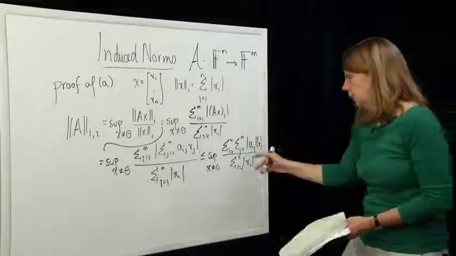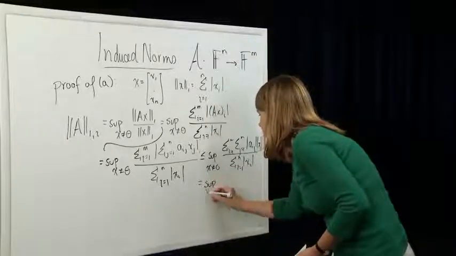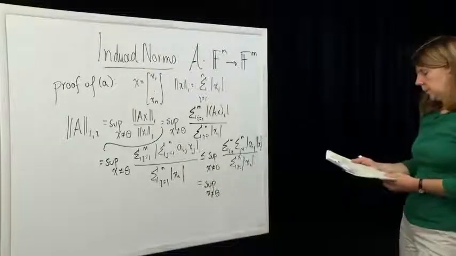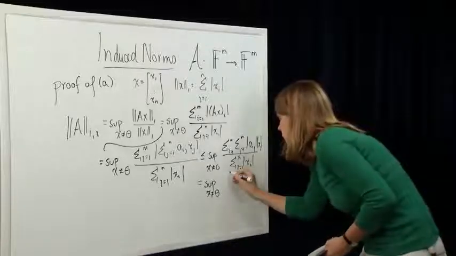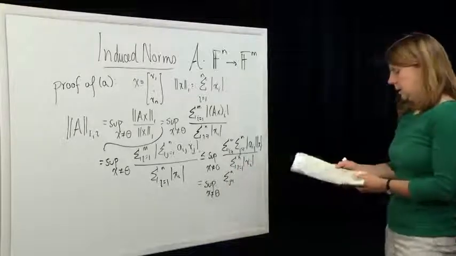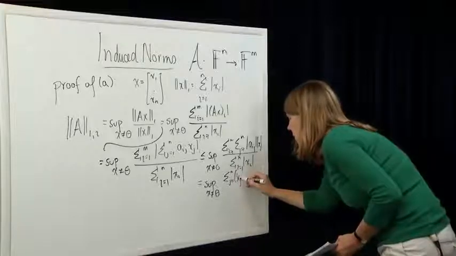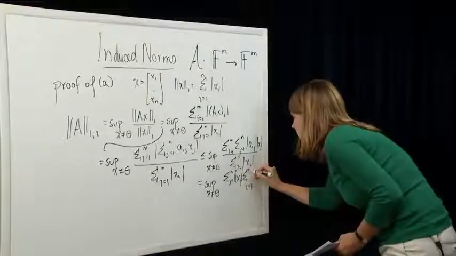So I can rearrange those terms. That's equal to the supremum over x not equal to 0 of, I'm going to reorder things a little bit. So bring the summation in j out, j equals 1 to n, |xj|, absolute value, summation i equals 1 to m.